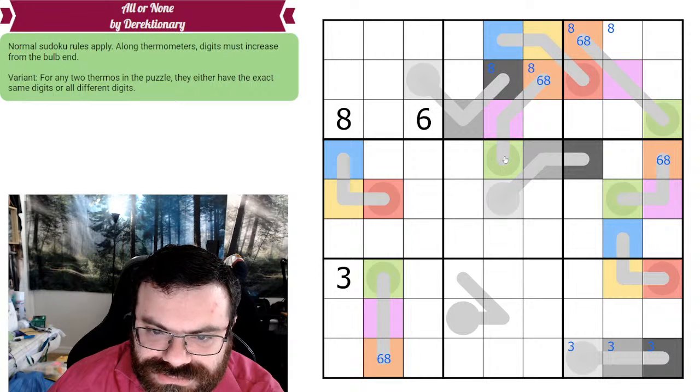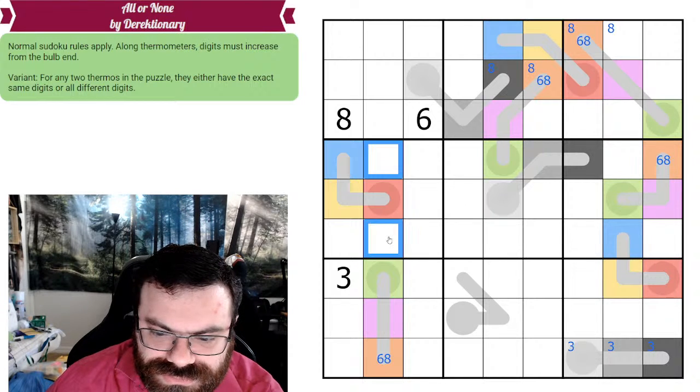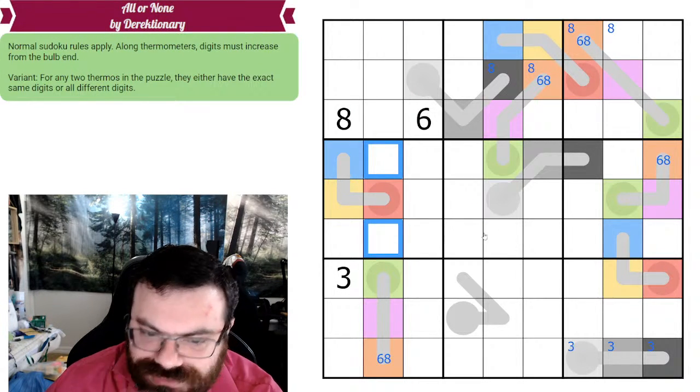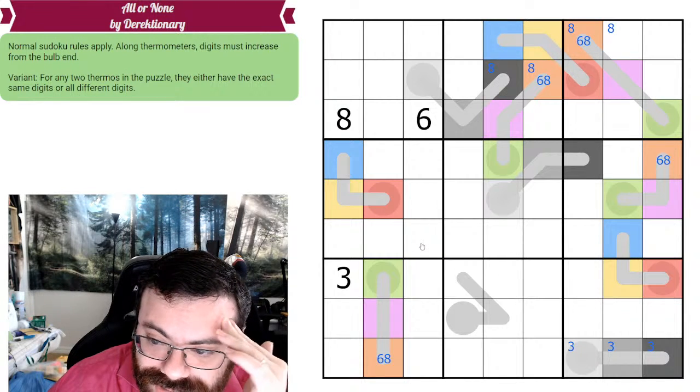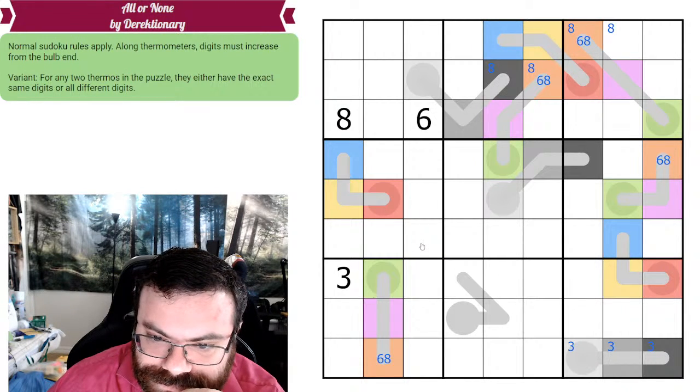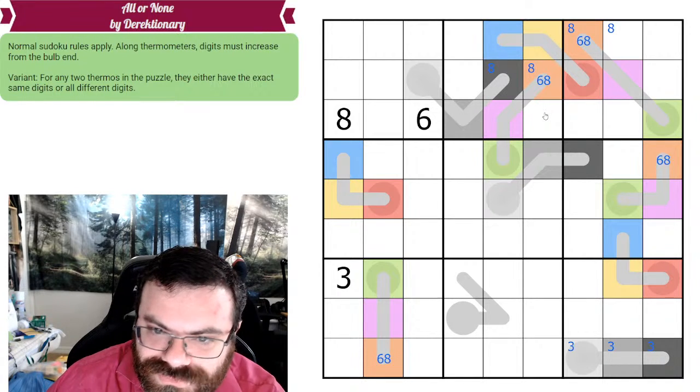And then gray goes in one of these two for the column. I don't have a good way to mark that because I'm out of colors. What colors am I missing here?